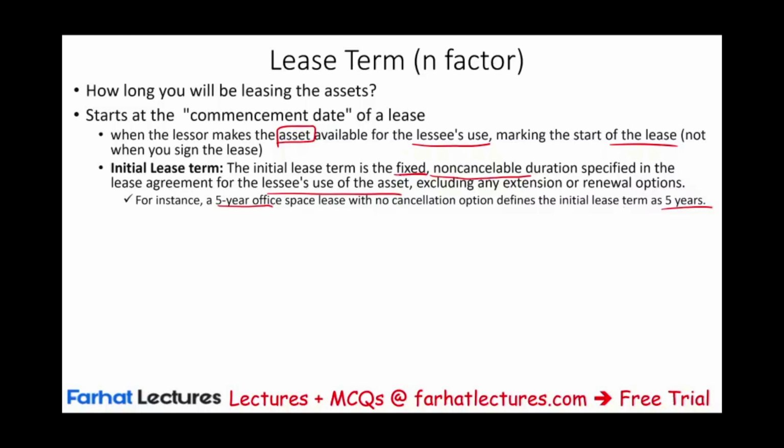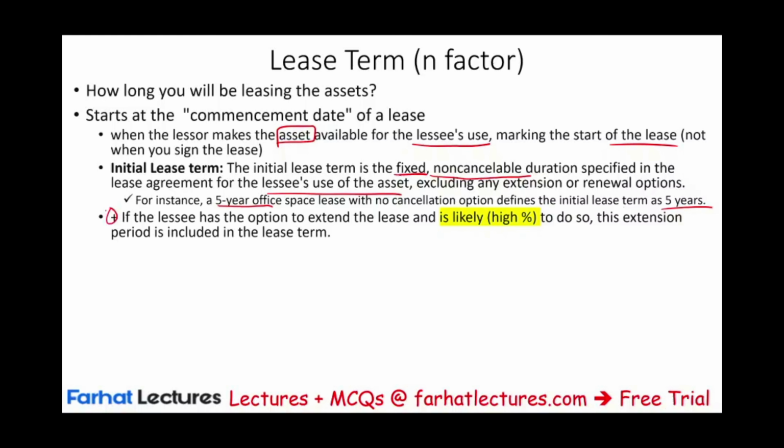Now, what if we have a renewal option? In other words, it's for 5 years, but we can renew it. We will add to the lease term only if it is likely that we are going to renew. The probability is very high. If that's the case, we will add the extension.